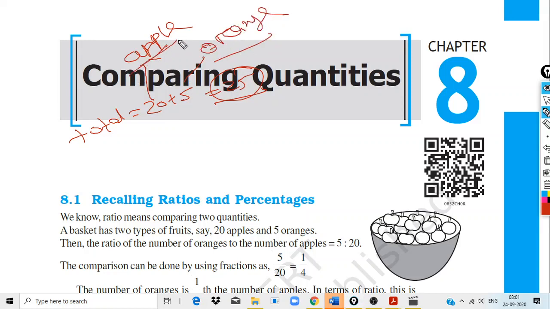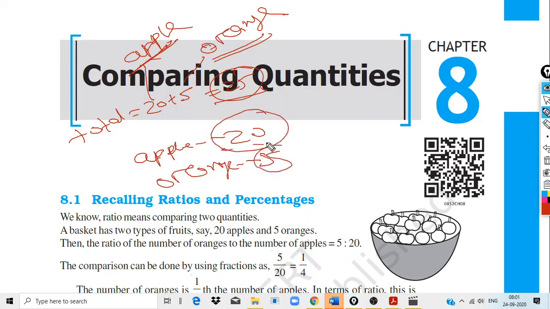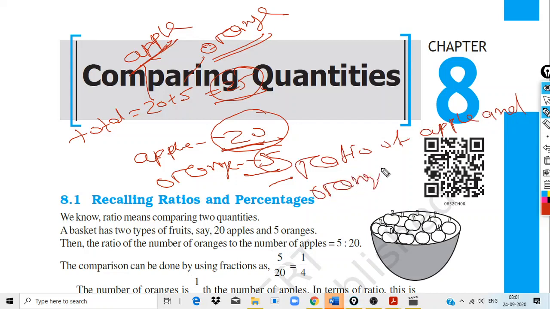Now we can compare these numbers, that is, of apples and oranges. So how many apples? 20, and oranges is 5. So we can compare 20 and 5. We can say the ratio of apple and orange is what? 20 and 5.